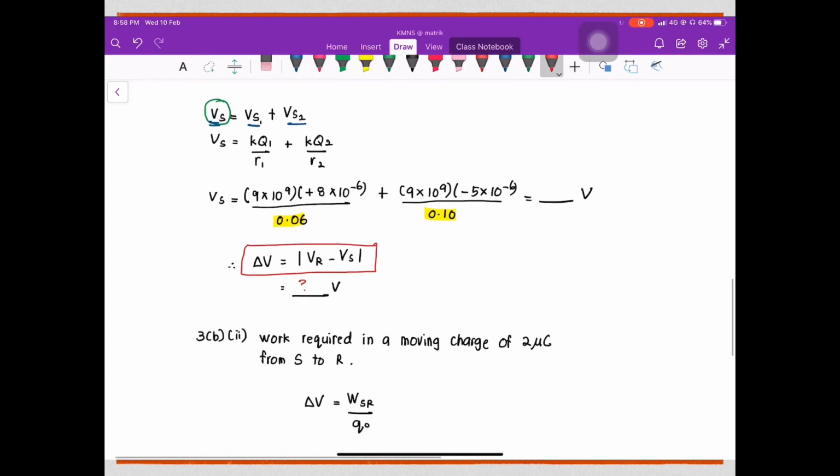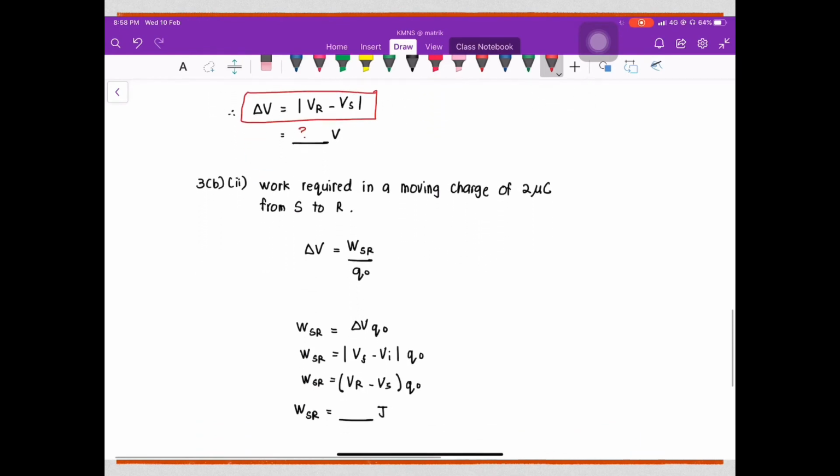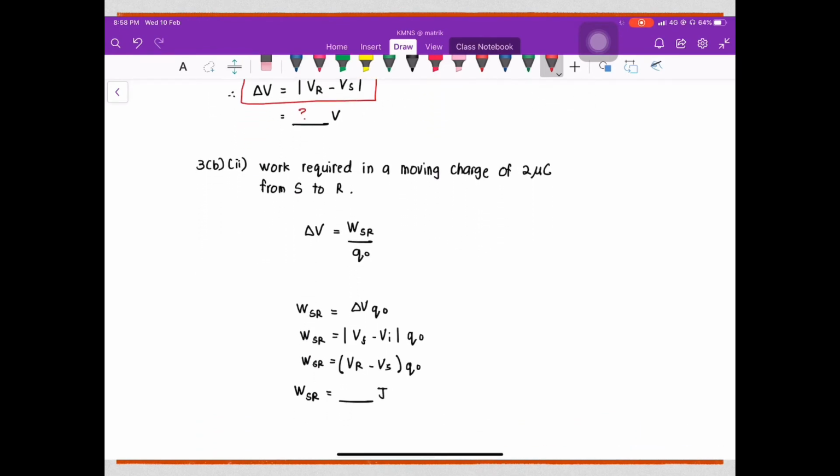Next, we need to calculate the work required in moving a charge of 2 microcoulomb. So this moving charge is your test charge Q0 from S to R. So S becomes the initial point, then R your final point.